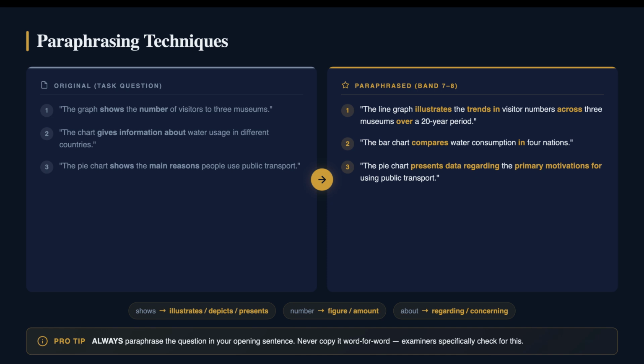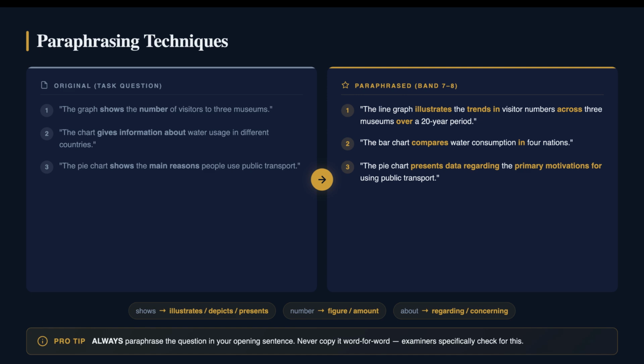Okay, let's move on. Let's talk about paraphrasing techniques. In writing tasks, whether it's writing task 1 or task 2, paraphrasing techniques are very important. So here we've got two sides.